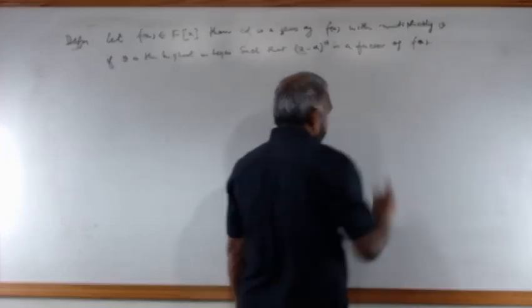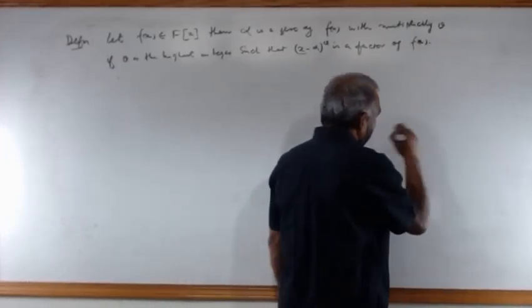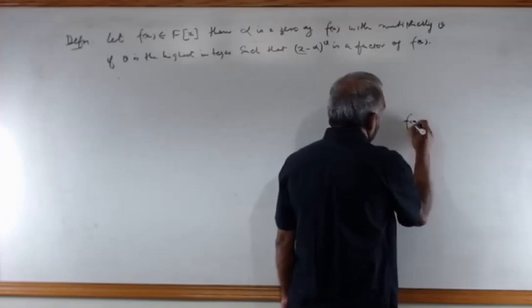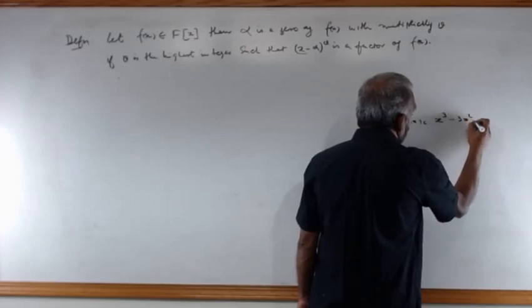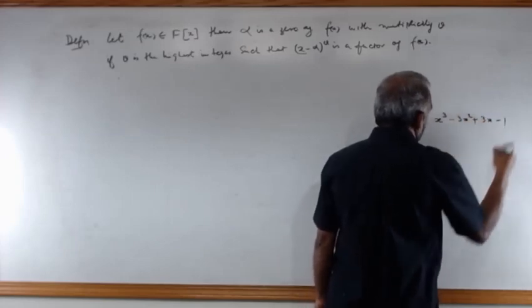Example: let's take f(x) equal to x cube minus 3x square plus 3x minus 1.